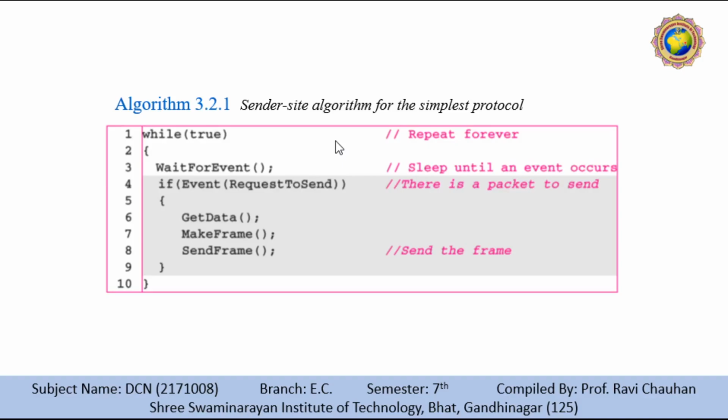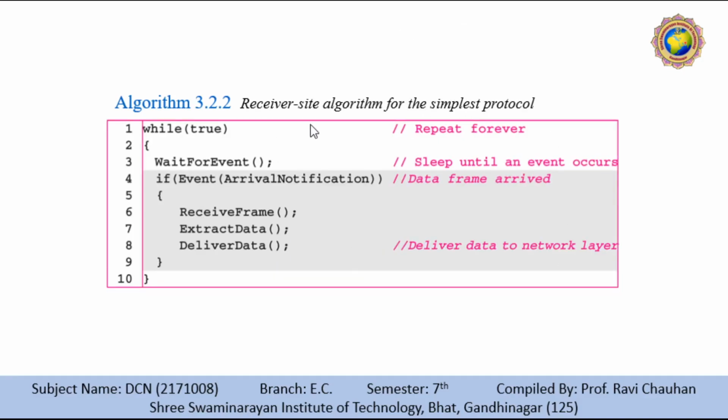Get data takes a data packet from the network layer. Make frame adds a header and delimiter flags to the data packet to make a frame, and send frame delivers the frame to the physical layer for transmission. So this is the algorithm for our sender side.